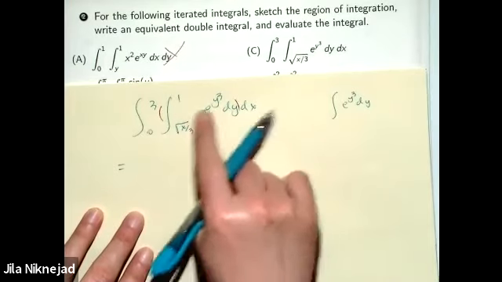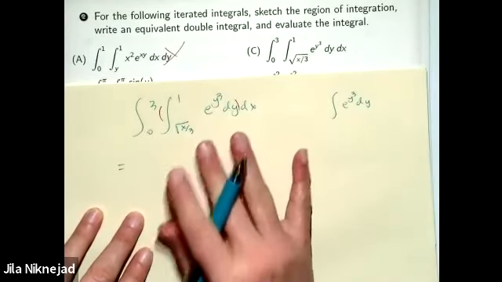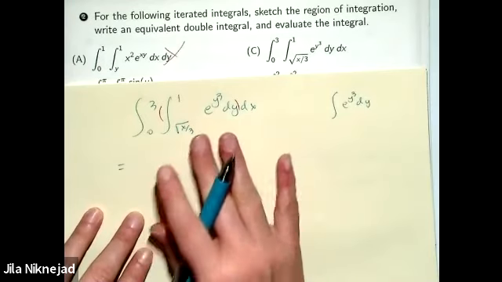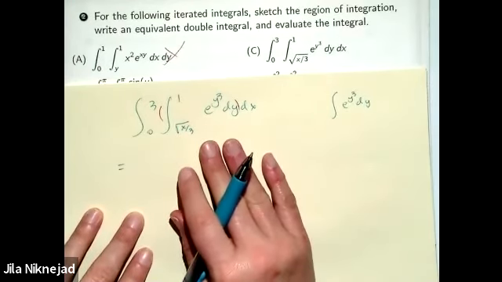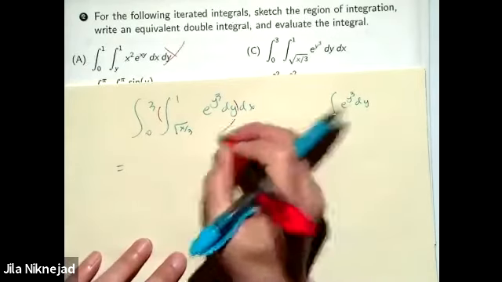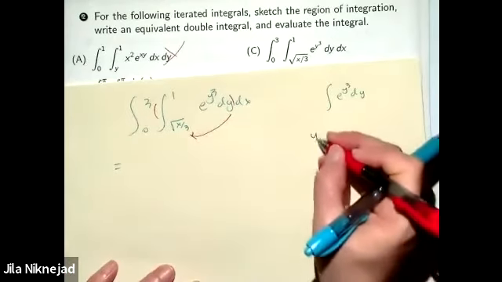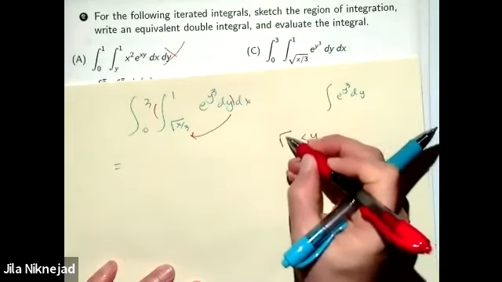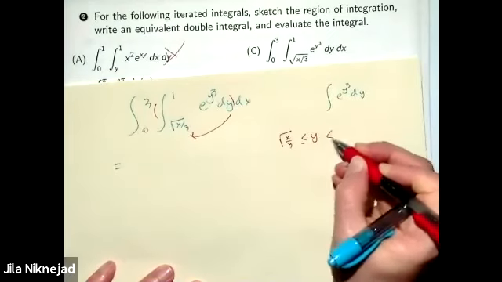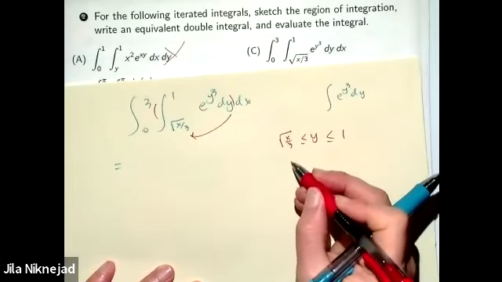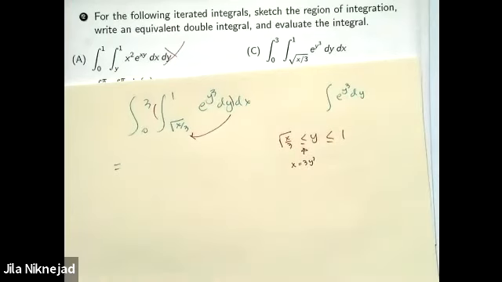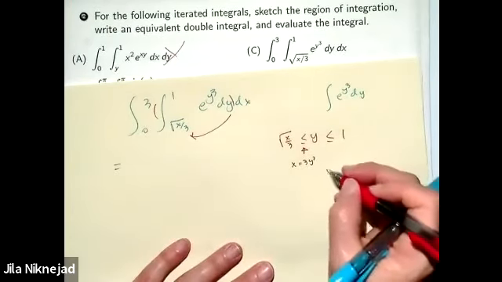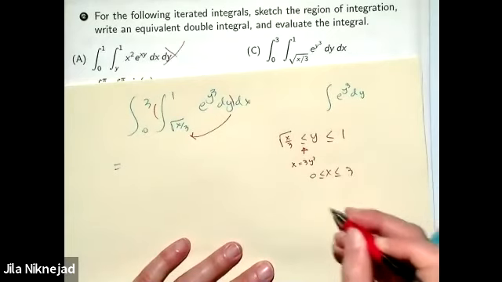Now, I want to change the order of integration, but to be able to change the order, I have to figure out the region. Here it says y is between square root of x over 3 and 1. That is basically x equal to 3y squared, right? And then x is between 0 and 3.